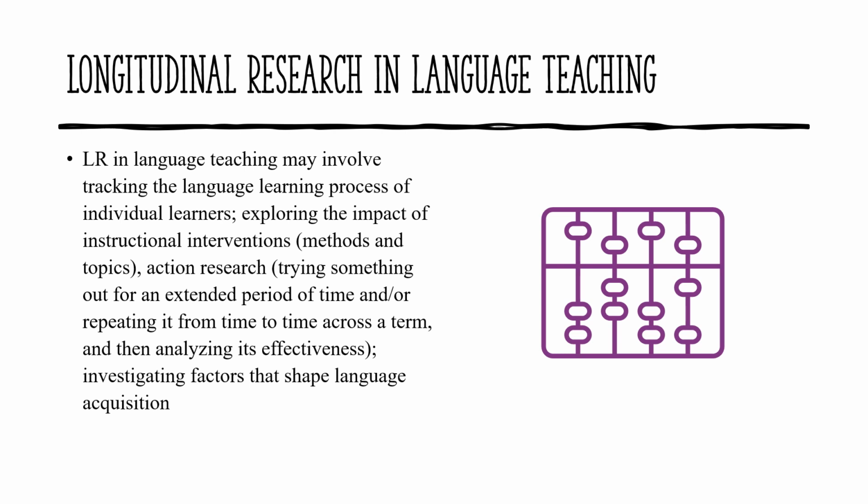So, for example, trying something out for an extended period of time and repeating it from time to time across a term or a school year, and then analyzing its effectiveness, and finally, investigating factors that shape language acquisition. We will talk about the steps of longitudinal research in the following slides.